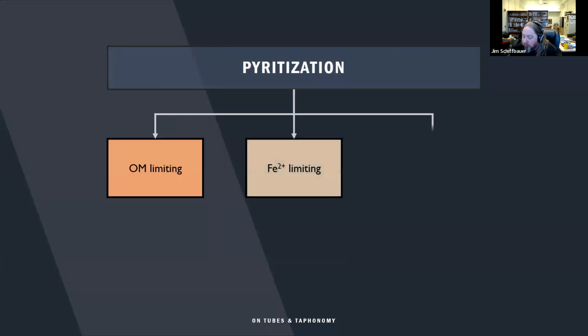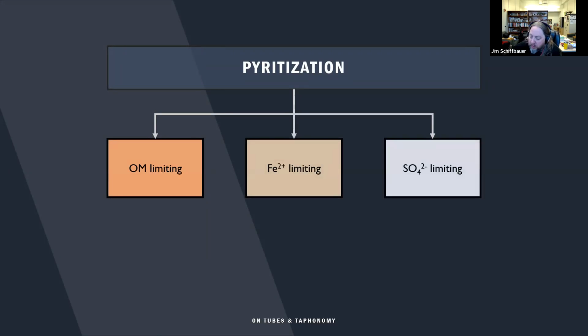From my past work on the progression of pyritization, and because about 90% of the fossils that we find from this site are pyritized, I started to think about how pyritization proceeds and how it's limited, and how we may be able to back out some information from that with regard to understanding how these guts might have been preserved, if they are indeed guts.